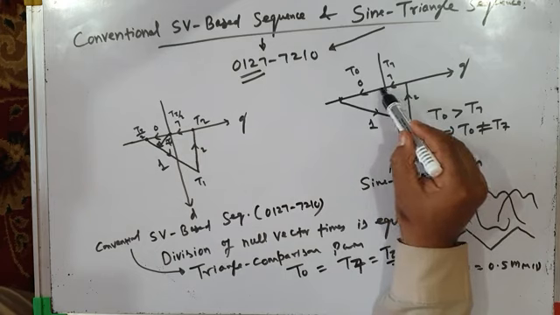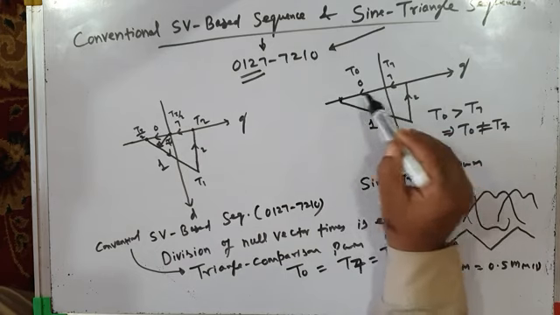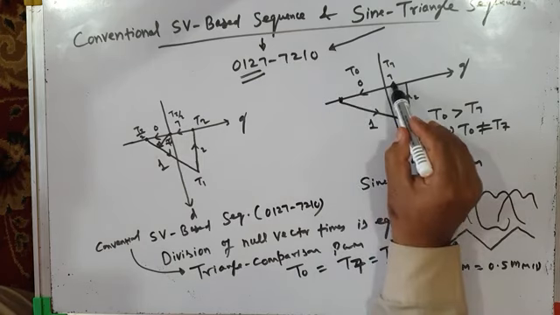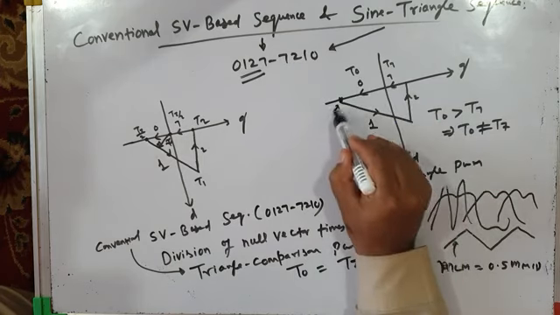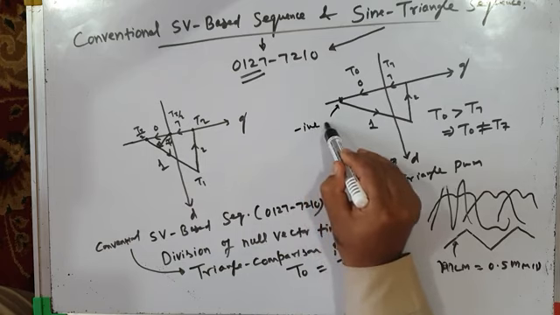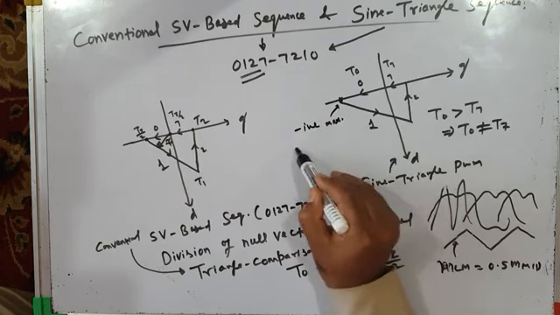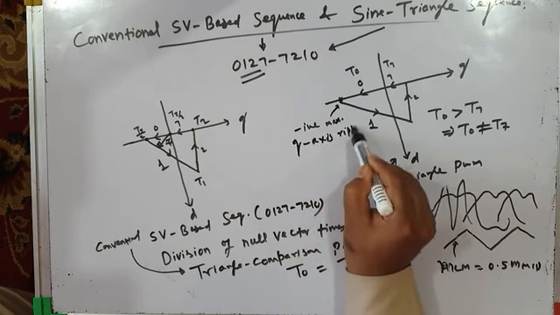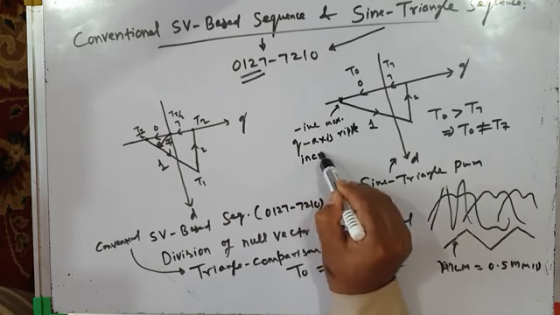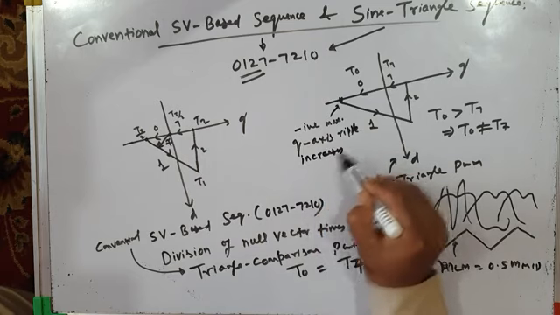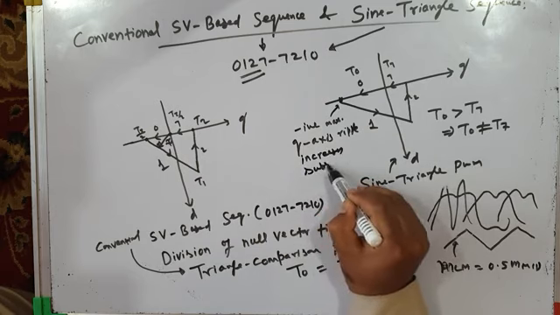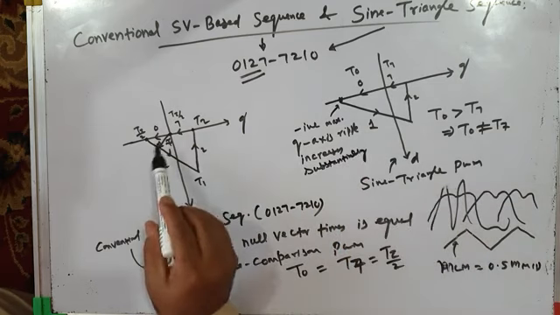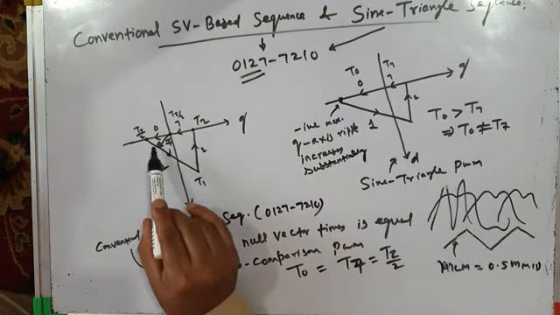You can see along the q-axis, since null vector 0 is applied for a longer time period as compared to null vector 7, the negative maximum q-axis ripple increases substantially. Compare it with conventional space vector or triangle comparison based PWM.